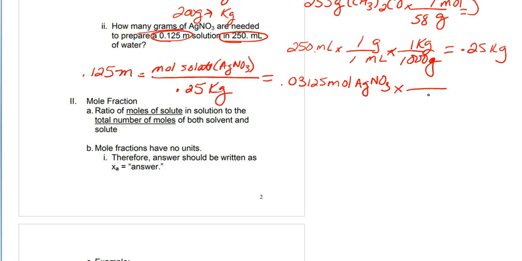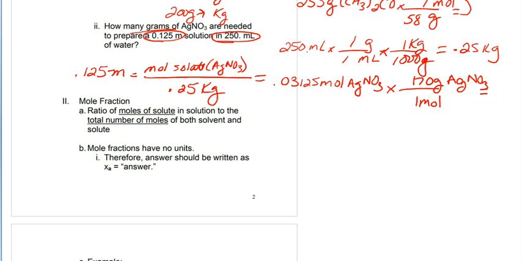The molar mass is approximately 170 grams per 1 mole of silver nitrate. Multiply, and you would have 3 sig figs, so it would be 5.31 grams of silver nitrate.